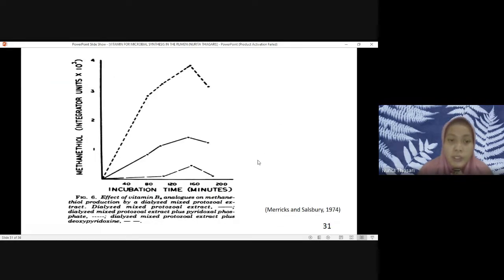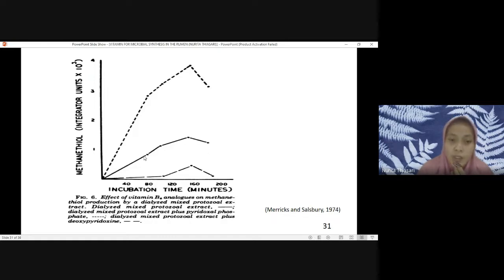And this figure is about the metanethiol. So I would like to show the effect of the vitamin B6 analog. In here the short dot is the pyridoxal phosphate, and then the long line is without the addition of the B analogs, and the medium line is the addition of the deoxypyridoxine.